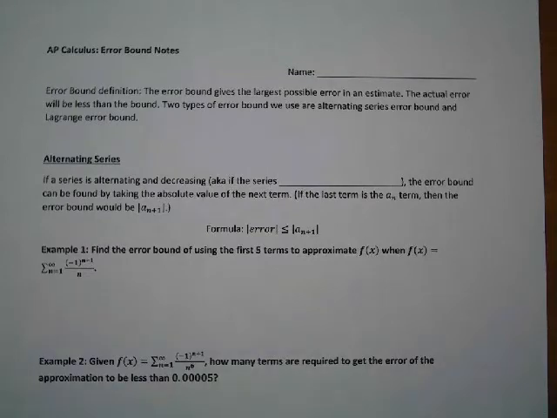And I think the next question you want to ask yourself when you use a polynomial to approximate something is, how far off is my answer if I use this polynomial to approximate it rather than using the function itself? So when we start talking about how far off the answer is, that's the error of the answer. And the error bound is just a conservative estimate of how far off we expect our answer to be.